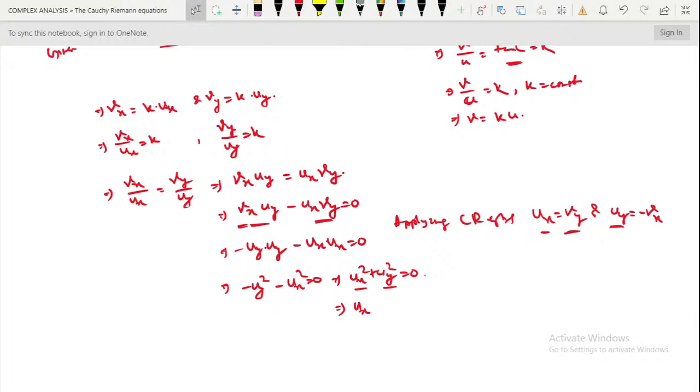So now we got, if f of z is analytic and its argument is constant, then f of z is constant. And in the first problem, if f of z is analytic and its modulus is constant, then f of z is constant. Then come to another one.